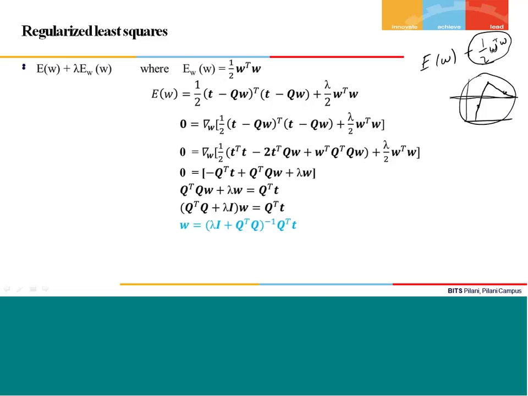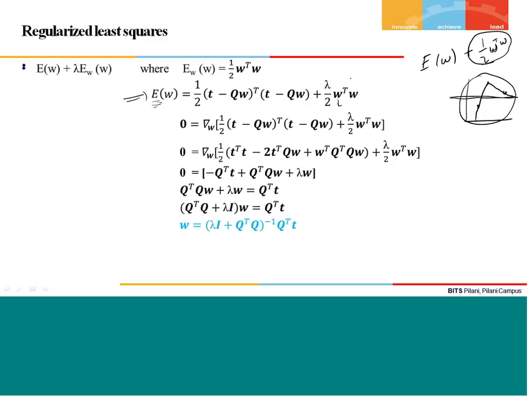Every time the weight vector grows, it adds to this error function, because the motive is to minimize the error function. Somewhere it will again drop these larger values to small values, because you are adding it.